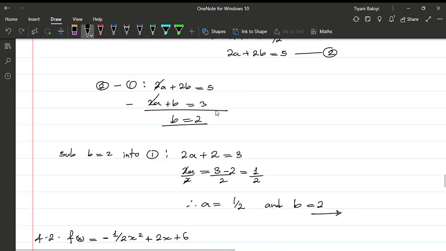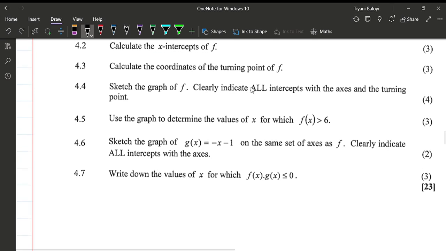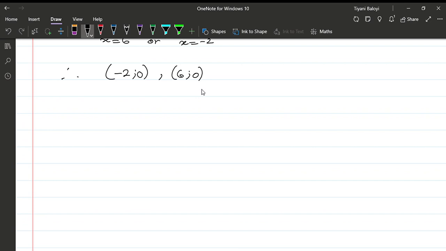And then 4.3 wants us to calculate the coordinates of the turning point. There are many methods to do this.